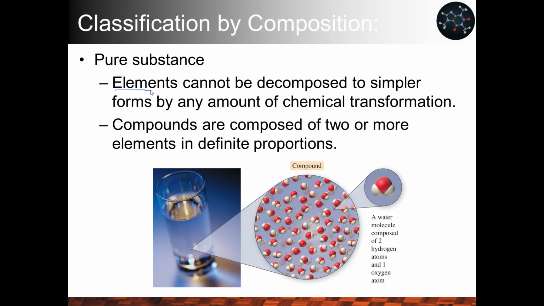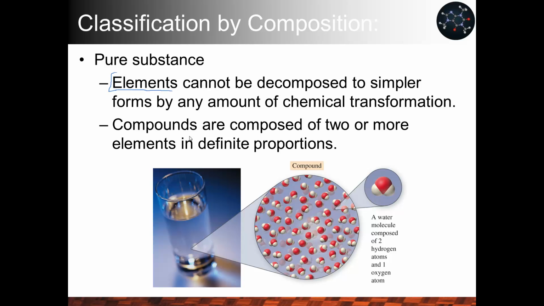So a pure substance. Let's talk about elements a little bit more closely. An element is an item that you can't break up into things that are chemically different. So if you have some sort of substance that you're sitting there in front of and you can't heat it and make it turn into something simpler and break apart, you can't use electricity to break it apart, you can't blast it with laser light and make it into something simpler, into smaller pieces that have different chemical properties, then that's an element.